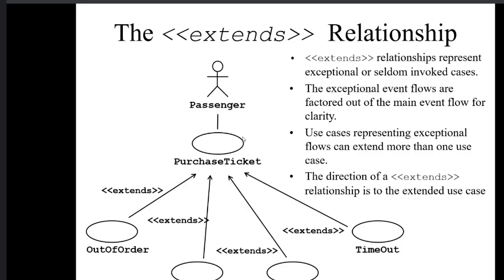May I, sir? Yes, please. Use case diagram basically lays out the interaction between the actor and the system. And when do we make this diagram? My question is, in which phase of our software development life cycle do we make this use case diagram?